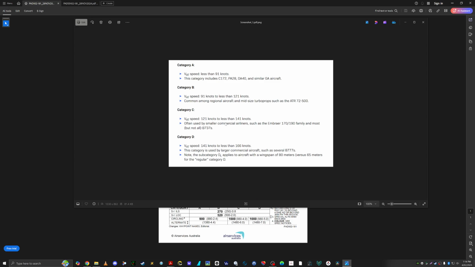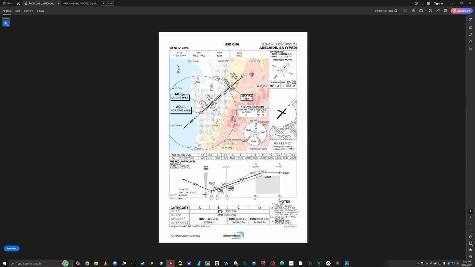The Cat C, which is probably what most people fly on VATSIM, is between 121 and less than 141, and that's all your 737s, your Embraers. And then your Cat D is aircraft which do 141 knots to less than 166, and these are your 777s, your Airbus 380s, all those sort of aircraft. So that's Cat A, B, C, D.